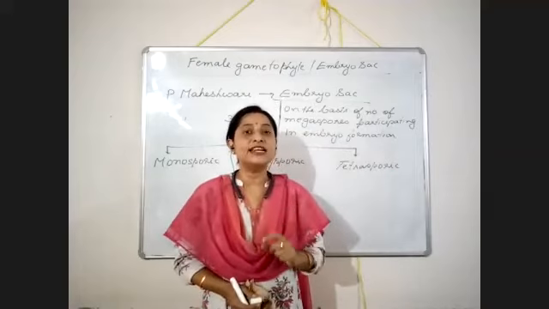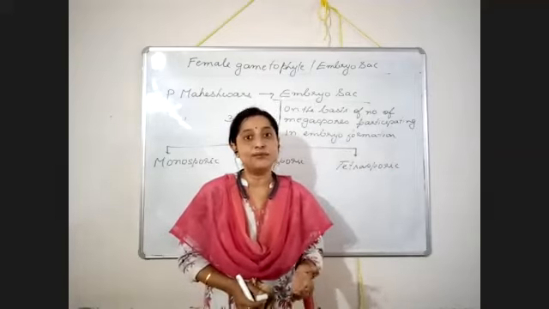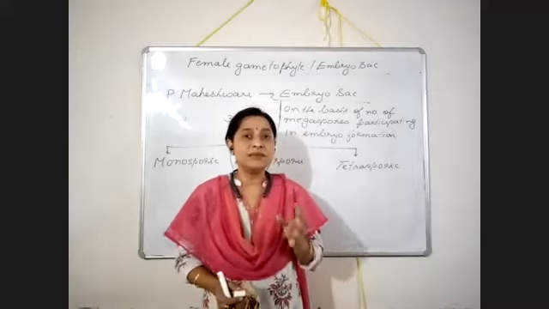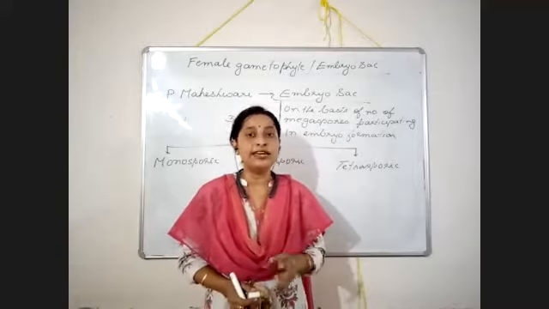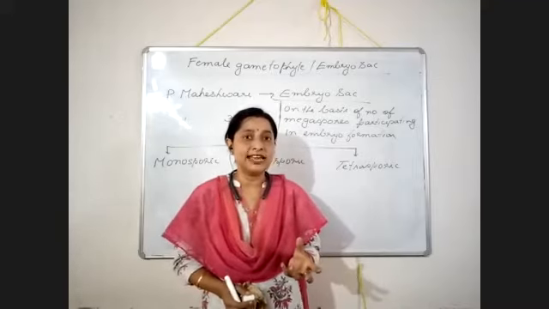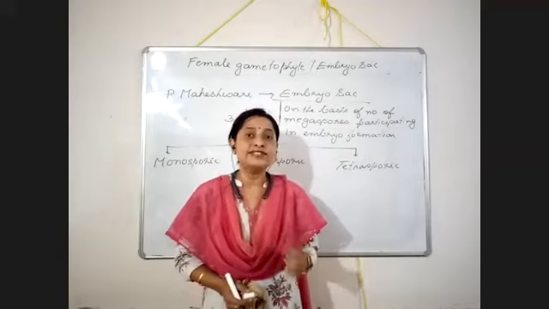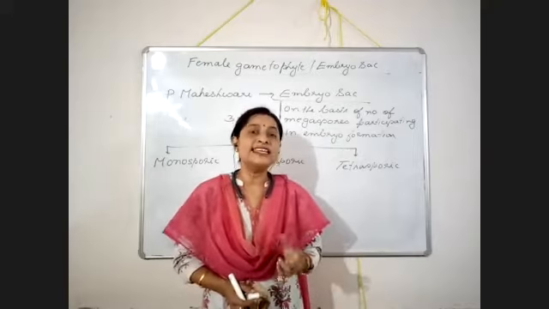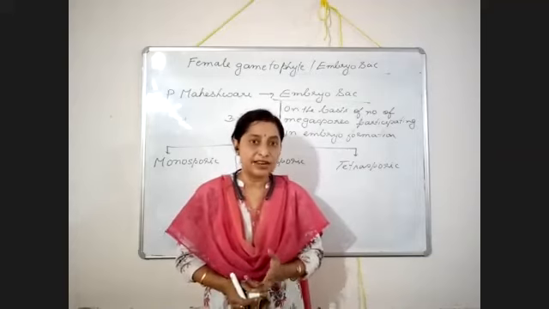It is not a statement that goes for each and every angiospermic plant; it varies from plant to plant which megaspore becomes functional. But in most common cases, 3 of the 4 megaspores degenerate and only 1 remains functional.